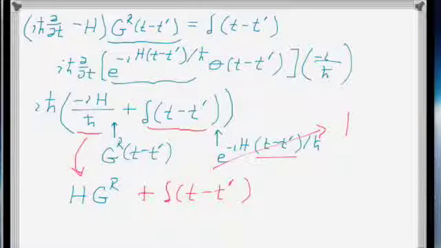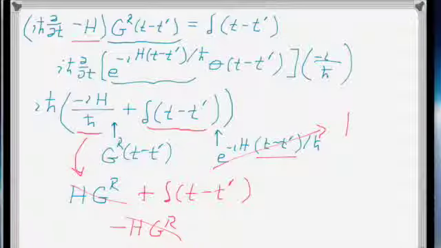And then I have this term out here, a minus H. So finally I subtract off a minus H G^R from that term, which cancels. And so indeed, this does satisfy your equation of motion in the time domain. This would be the equivalent of our equation of motion.